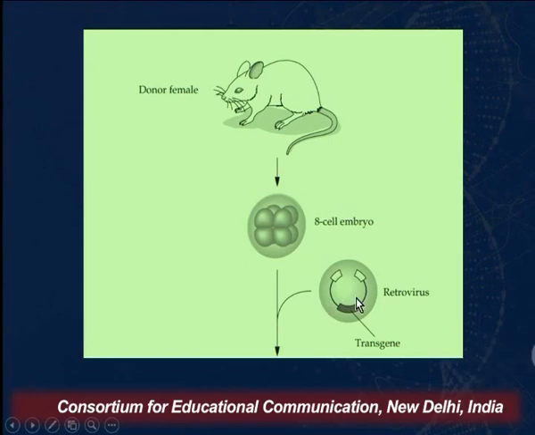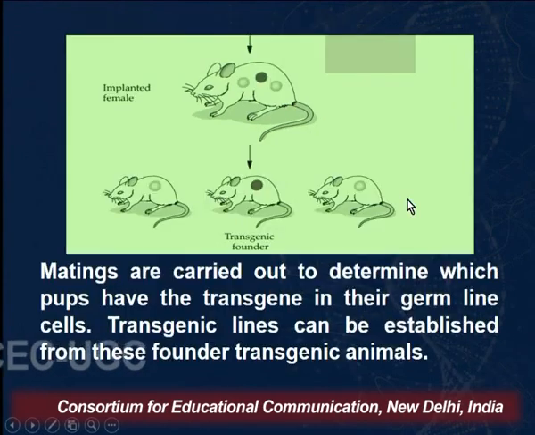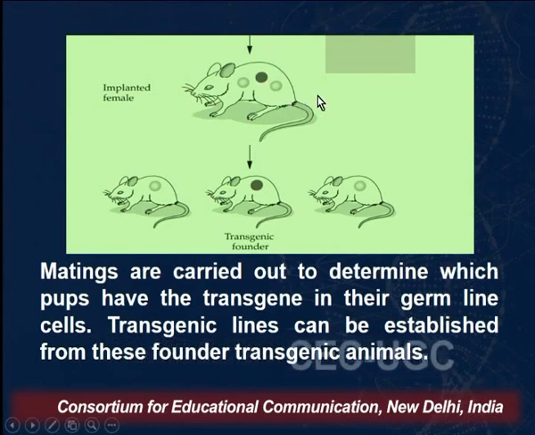So you create this construct and put it into a foster mother. These foster mothers will then give pups, and in the pups you can analyze and check where the transgene is expressed.